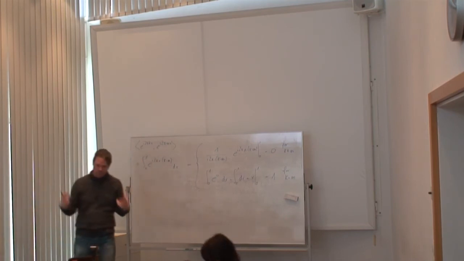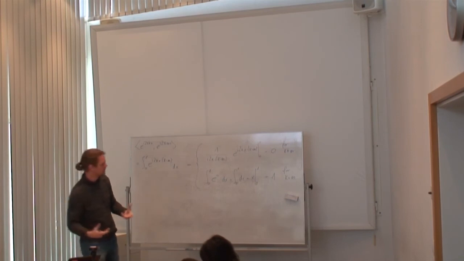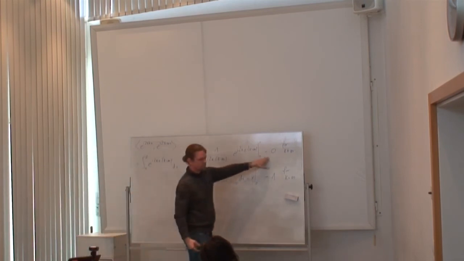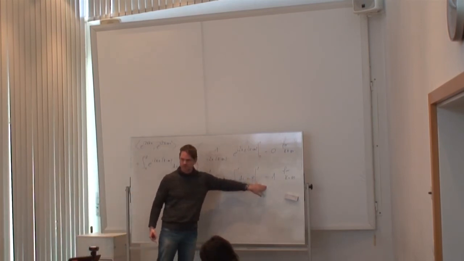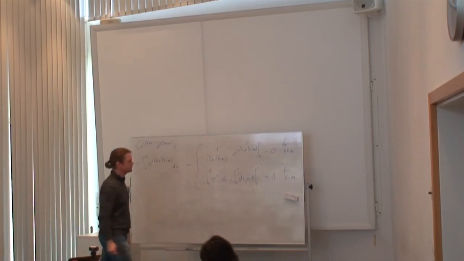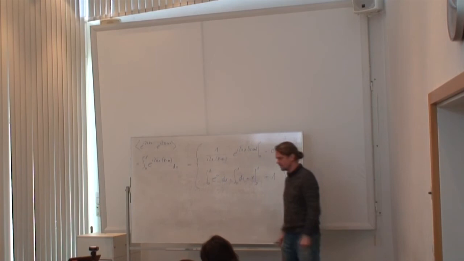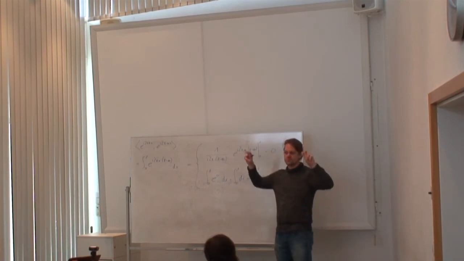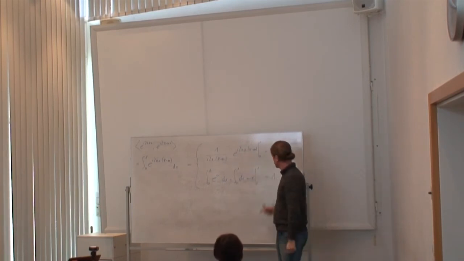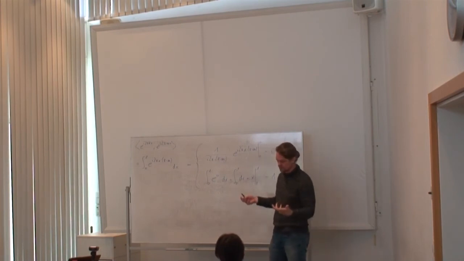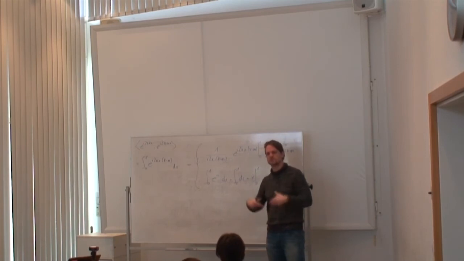If k is not equal to m, they are perpendicular. If k is equal to m, then we compute the inner product of a function with itself, and it evaluates to 1, which means this vector is of norm 1.